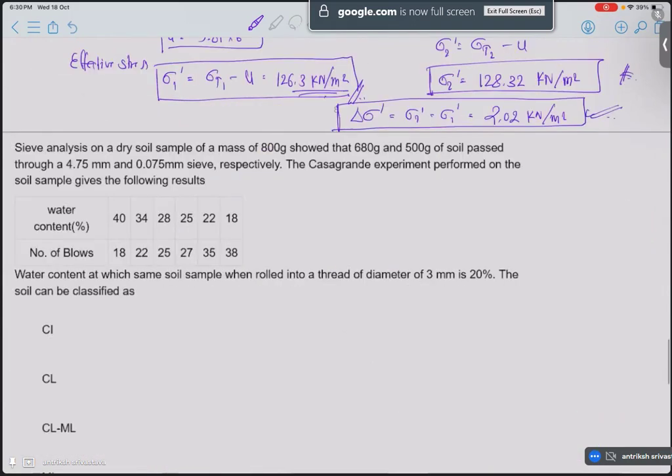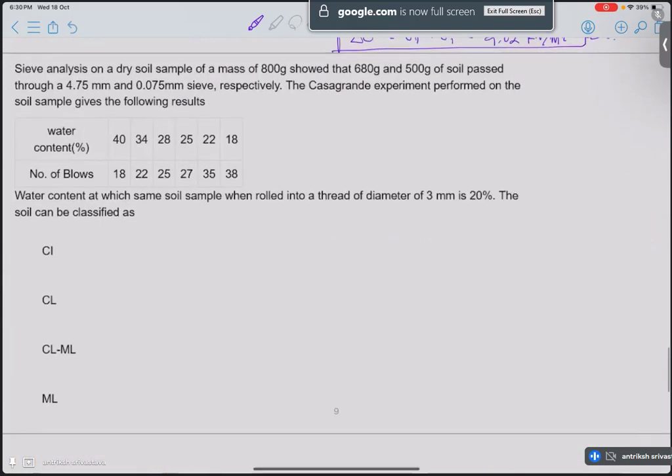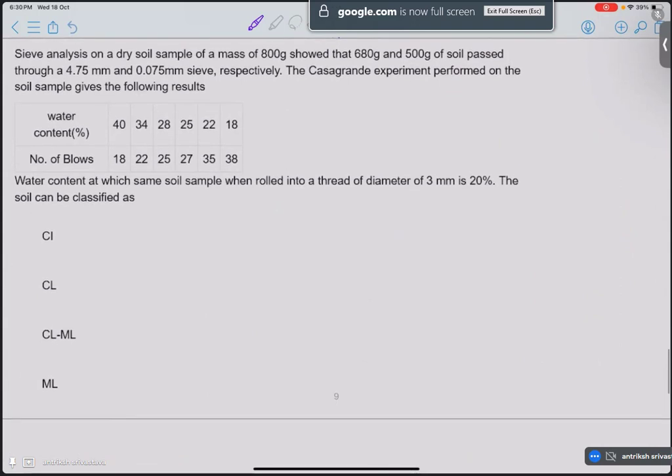Okay. Let's go to our final question for today. It is again a very good question related to our soil classification. First we saw the soil classification for sand, coarse sand, fine sand. Now we are going to see soil classification for clay soil or fine soil.